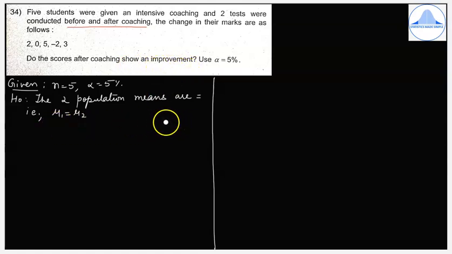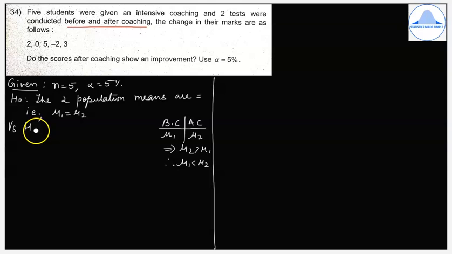Before coaching, I will denote the mean marks as mu1, and after coaching, the mean marks I will denote it as mu2. So they are asking us whether mu2 is greater than mu1, but whenever we write, we have to write mu1 is less than mu2. So the alternative will be a left-tailed alternative, that is mu1 is less than mu2.